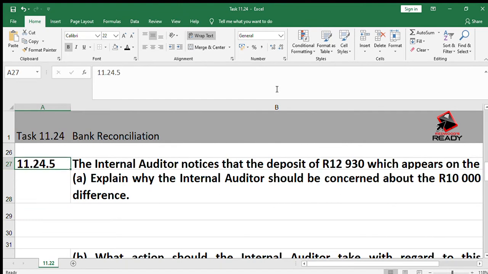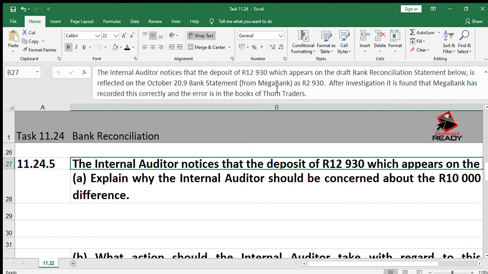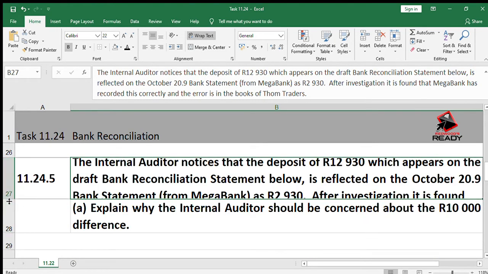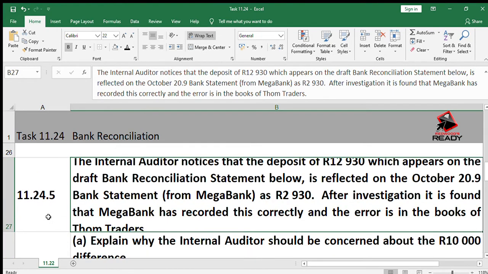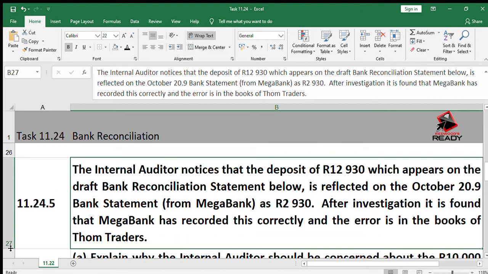11.24.5, the internal auditor notices that the deposit of 12,930, which appears on the draft bank reconciliation statement, is reflected on the October 20.9 statement from Mega Bank as 2,930. After investigation, it is found that Mega Bank has recorded this correctly and the error is in the books of Tom Traders.